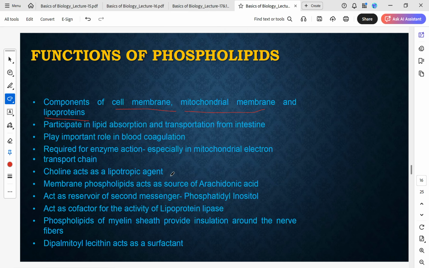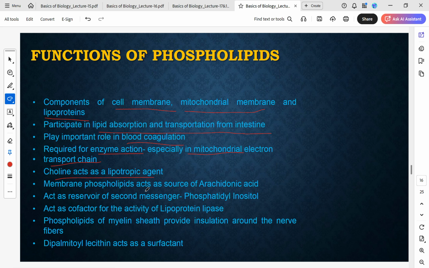And lipoproteins, they participate in lipid absorption, transportation from intestine. They play important roles in blood coagulation because of their insoluble properties. They are required for enzyme action, especially in mitochondrial electron transport chain. Choline acts as a lipotropic agent.